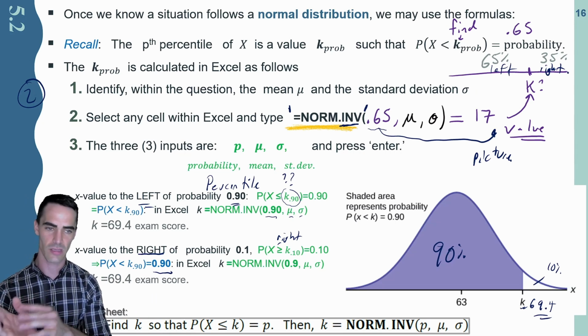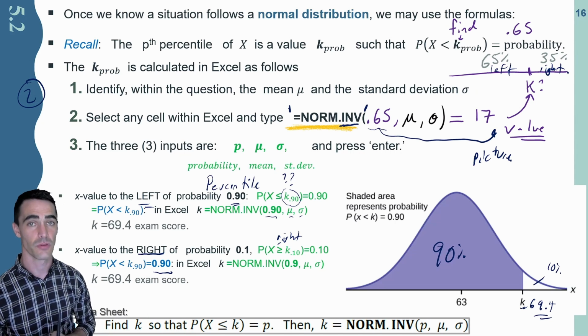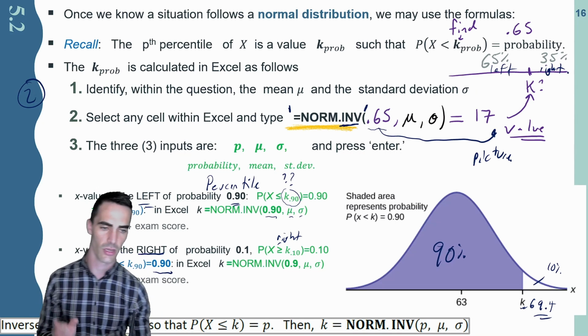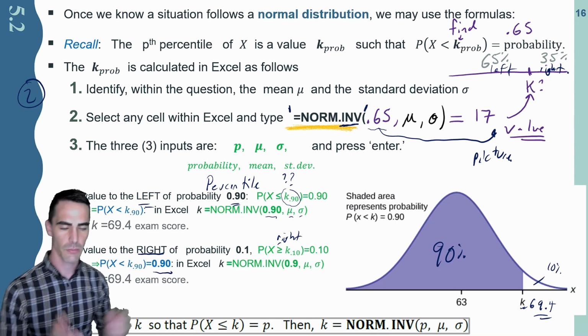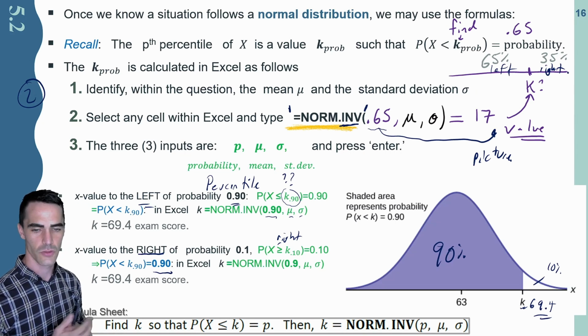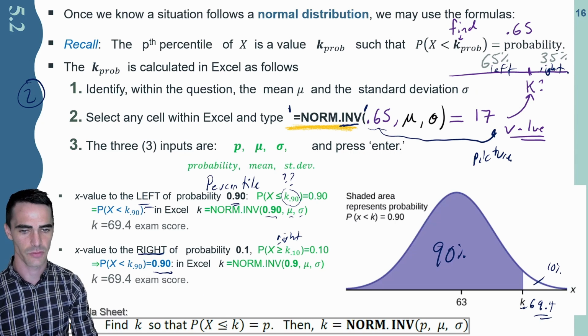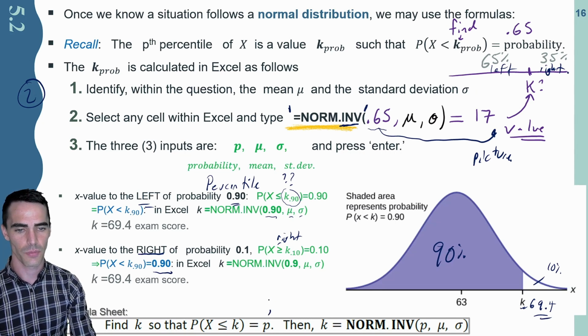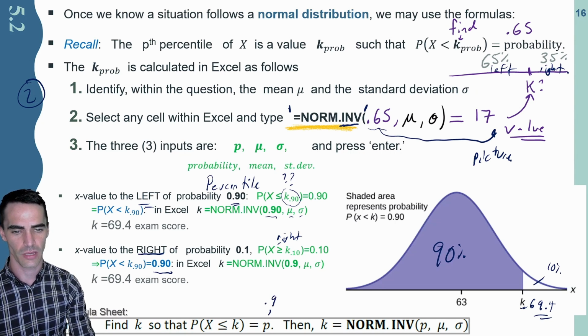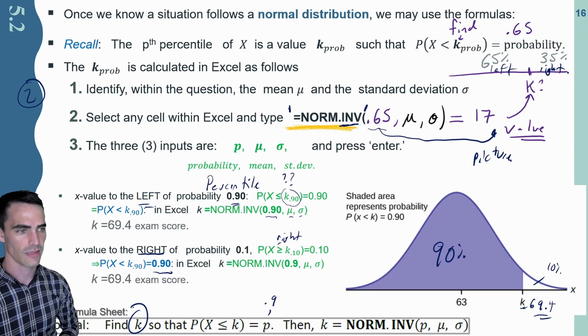Sometimes we're asking to the right, to the left, and when we're doing percentiles or this inverse operation, we always need to go to the left. Just like before, you can see a little typed up what this will look like on, let's say, a formula sheet, where it'll say the probability that x is less than or equal to k is equal to p, where p is known, say maybe 0.9. Again, we're trying to find k.